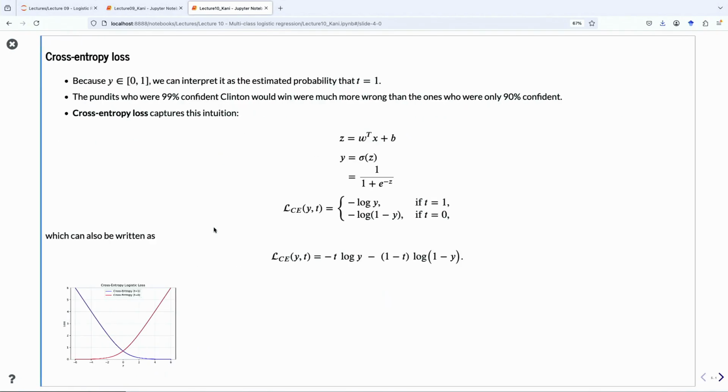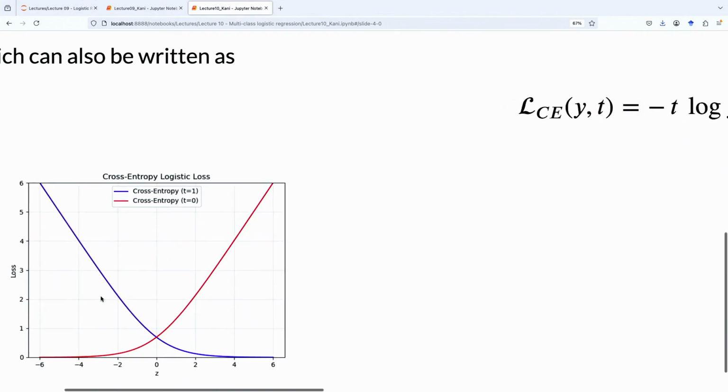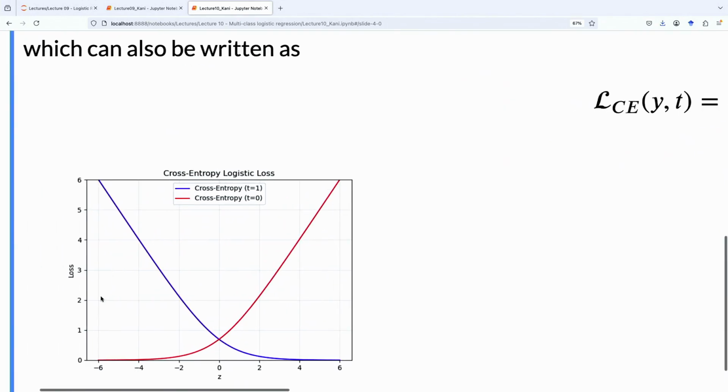Okay. So if we actually look at this loss, we see something more interesting, namely that we have two losses pretty much. We have the loss for when the true label is equal to 1, and we have the loss for when the label is equal to 0. Okay? So if the true label is equal to 1, the loss goes very large if z is very negative.